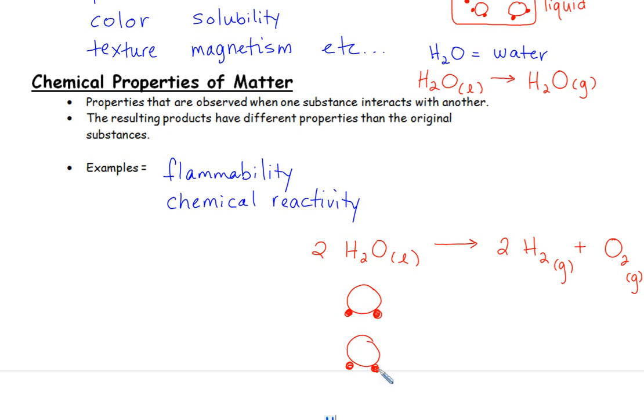So the 2 out in front means that I have 2 molecules of water. Each water molecule is 2 atoms of hydrogen bonded to 1 atom of oxygen. My hydrogens are the little dark reds, and the oxygen is the bigger atom that I'm leaving as kind of blank. These guys change.